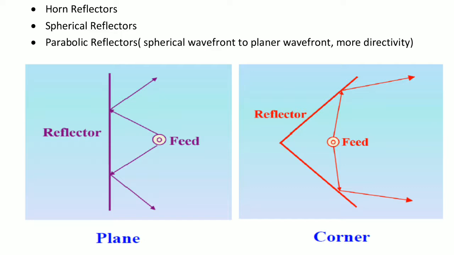The spacing between the vertex and the feed element position is increased if alpha is decreased, and vice versa, in order to improve efficiency. When alpha is small, gain is increased by increasing the length of the sides of the reflector. By using the length of the sides of the reflector, one can improve the gain of this corner reflector.